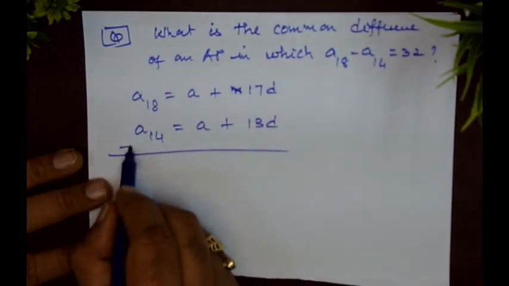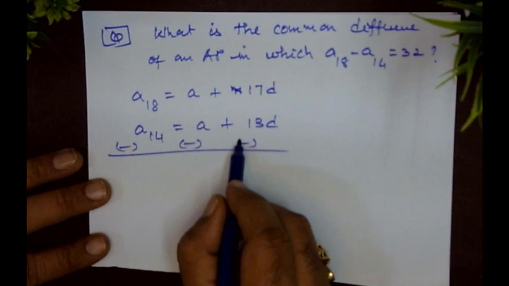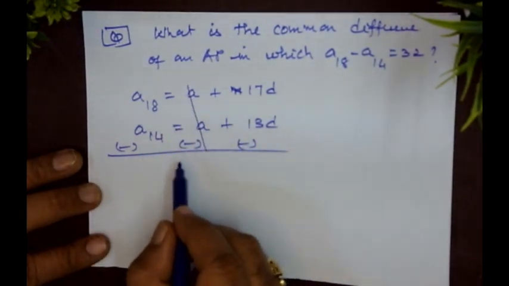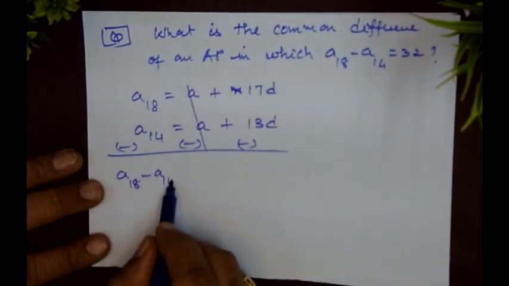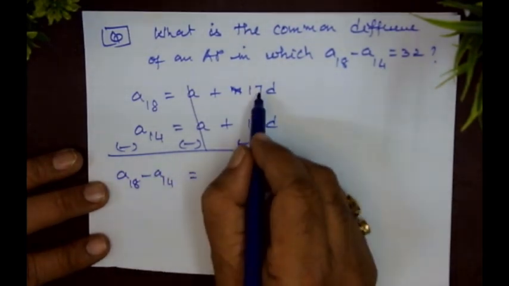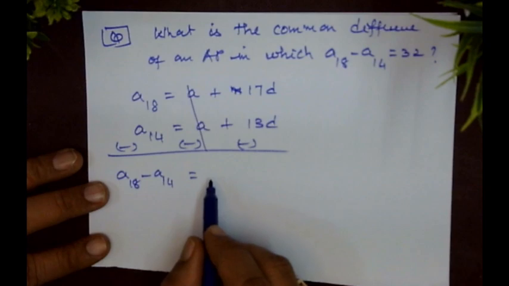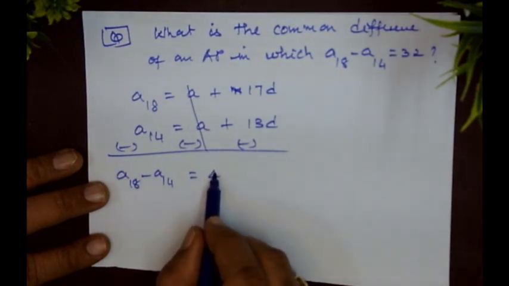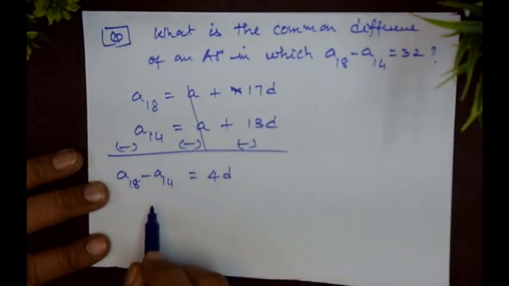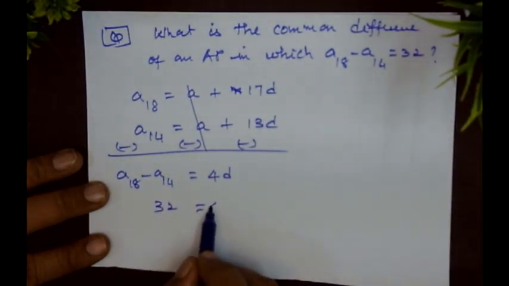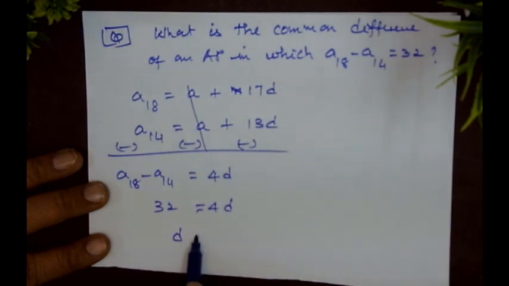Now let us subtract. a is cancelled. So a18 minus a14 is equal to 17d minus 13d, how much? 4d. So this is already given as 32. So 4d is equal to 32. So the difference should be 32 divided by 4, that is 8.